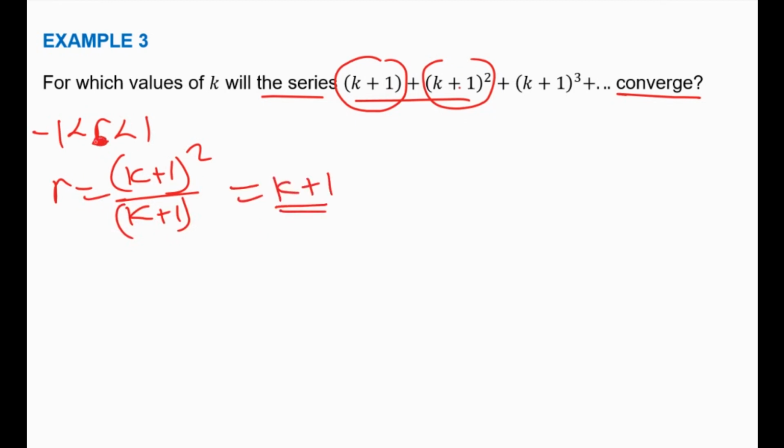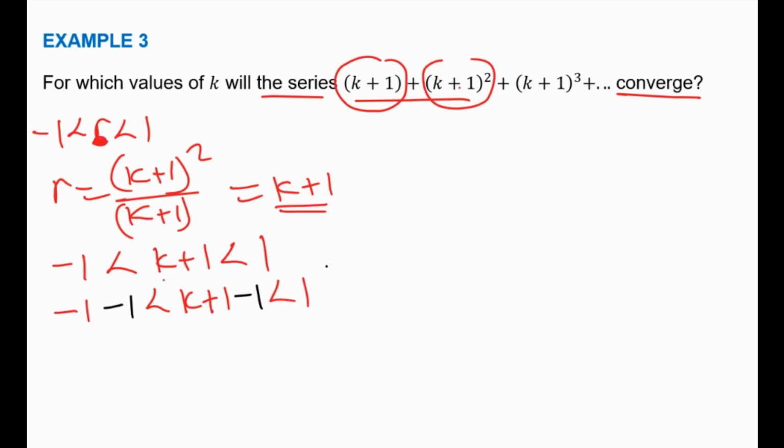So where R is, we put k plus 1. So it's going to be -1 less than k plus 1 less than 1. We want to get k, so we subtract 1 in every part of the inequality so that we remain with k in the middle.